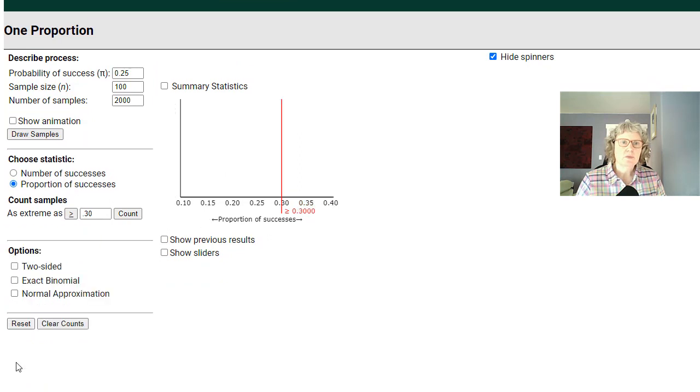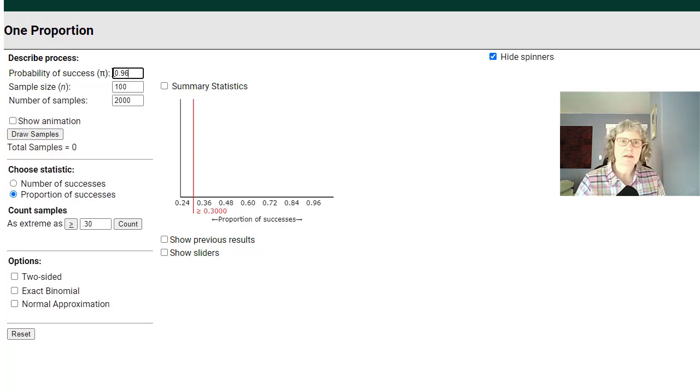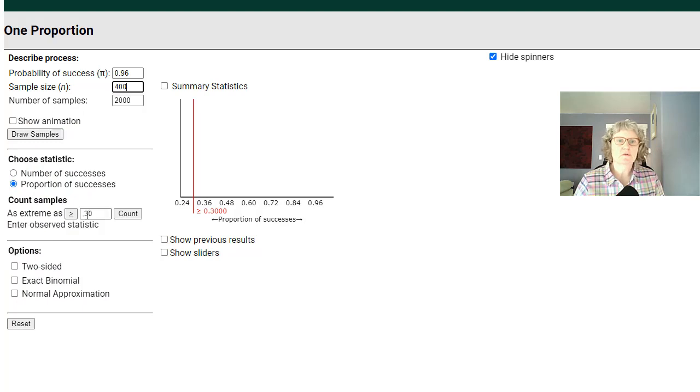I'm going to go ahead and hit reset. I think I just have Rossman Chance printed out in the notes. So we're going to put in 0.96. This is our null. And 400 people, so we need to test different groups of 400.